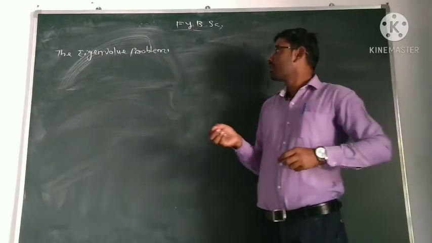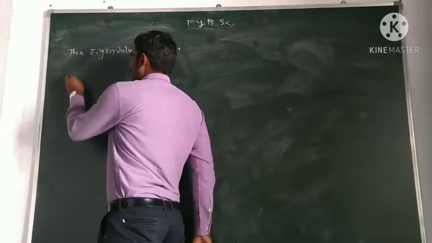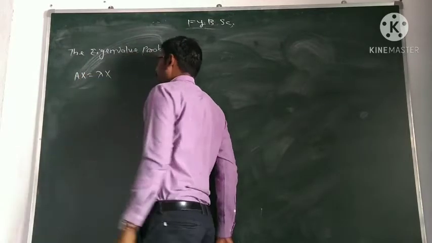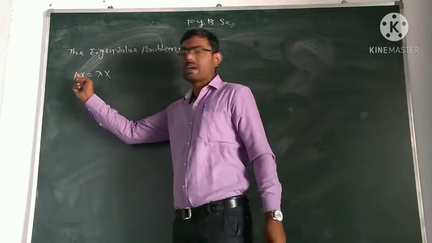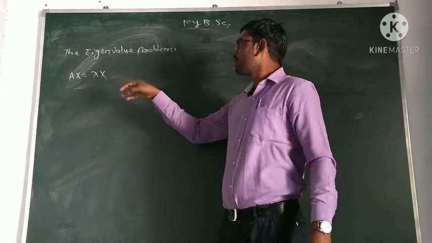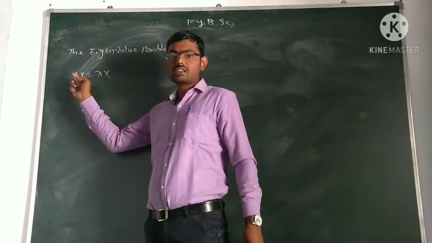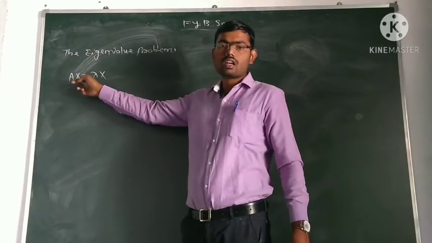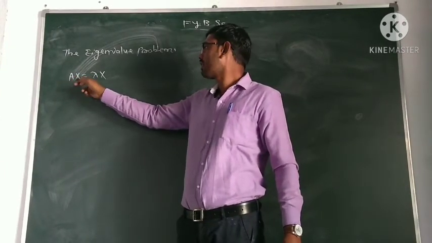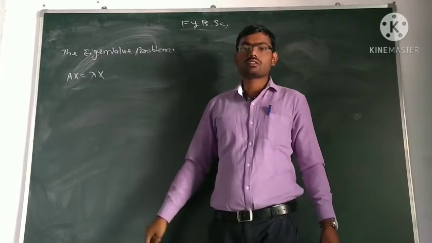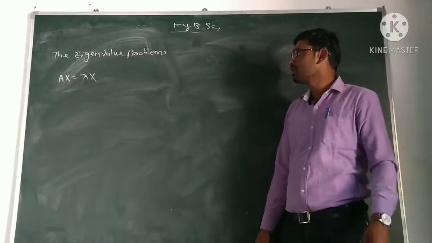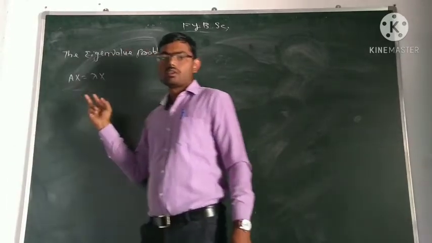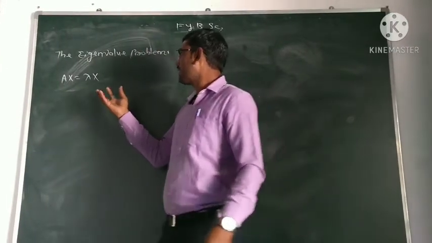Consider the linear equation Ax = lambda x, where A is the n by n matrix, x is some column vector, and lambda is a constant. First, I will write the notation.